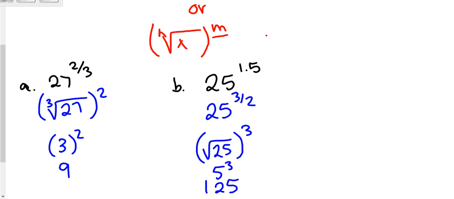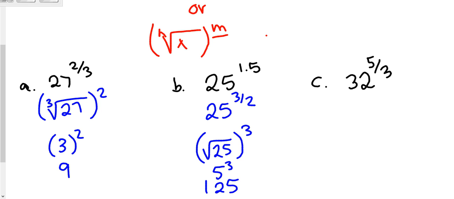Let's do one more example together. If we have 32 to the 5/3, what we can do is we can rewrite this.